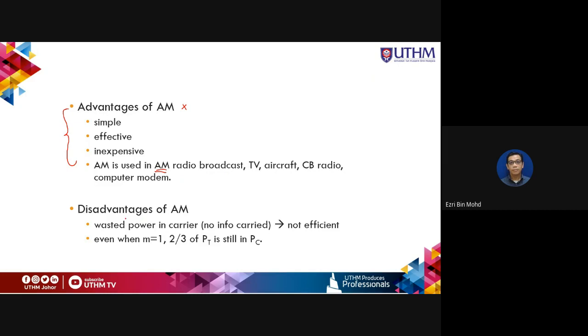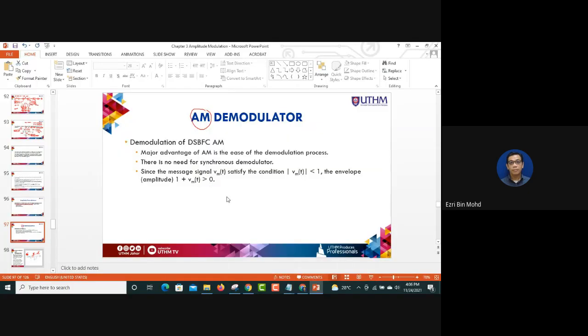Disadvantage of AM: of course, wasted power in the carrier, which carries no information, so it is not efficient. Even when m is equal to 2/3, most of P_T is still in P_C.